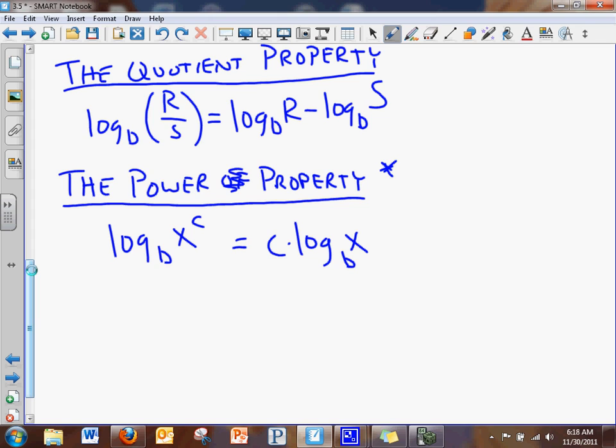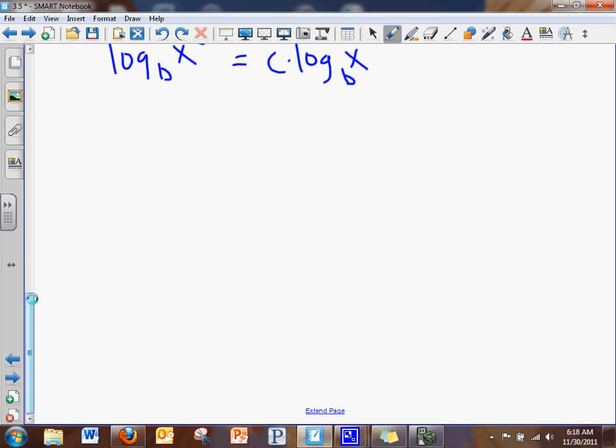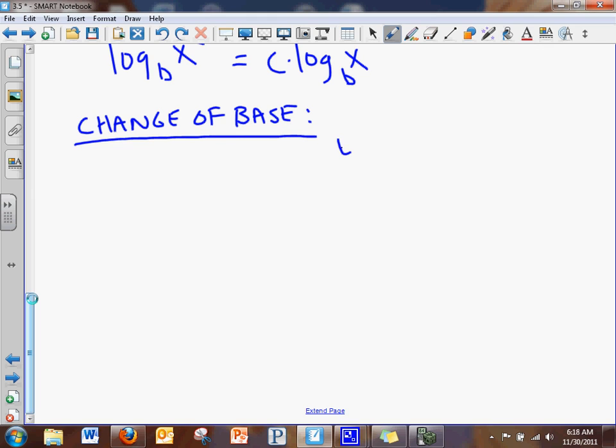Also from last time is the change of base. I'm going to go off to the right here as an example. Say I wanted to find what log base 4 of 2 is. I can't do that directly. I can't type in log base 4 in my calculator. There isn't a key. All I have is natural log and the common log.